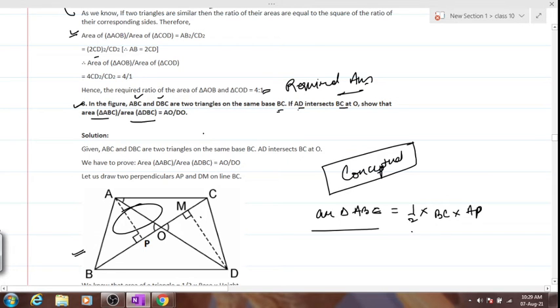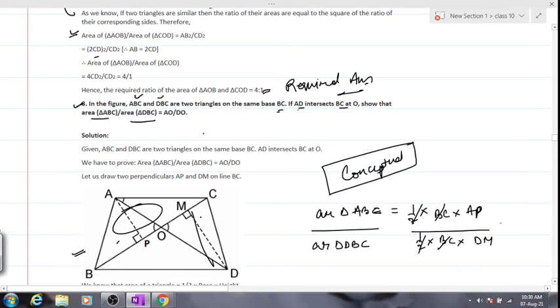If we divide it by the area of triangle DBC, what will we have? Half into base into height, right? Height is DM. Half gone, BC gone. We are getting AP by DM.